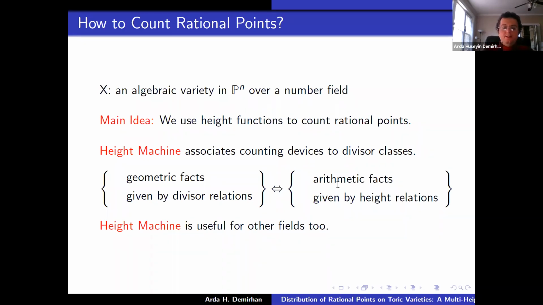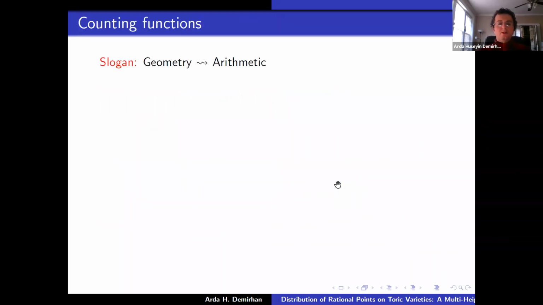And that can also be translated back into the number theory setting using complex analytic constructions such as Hermitian metrics, or using some special schemes over Dedekind domains. So we get back to the number field setup. So we have the slogan, geometry determines arithmetic, because knowing something about the geometry of the variety tells something about the distribution of rational points according to height.